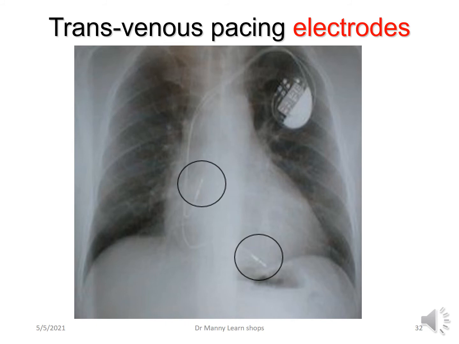These are now atrial and ventricular pacing electrodes. And this one has been attached to a permanent pacemaker. But they can be temporary. Unlikely. Normally, atrial and ventricular pacing wires are permanent.